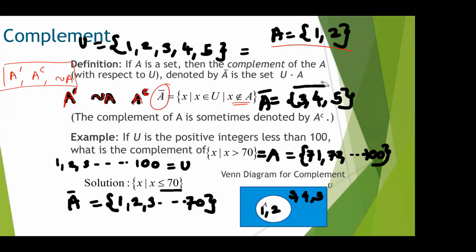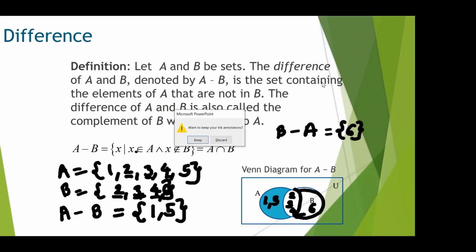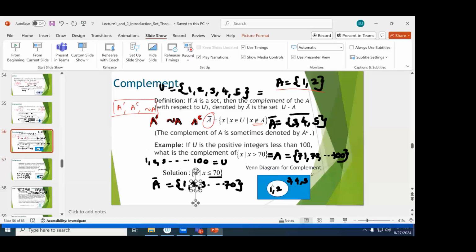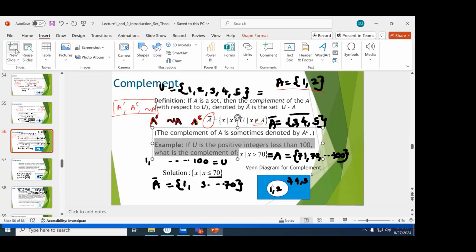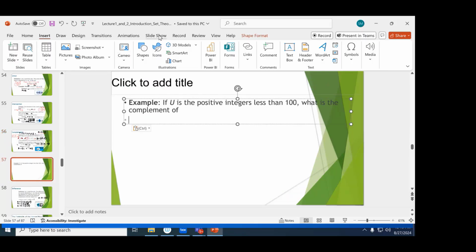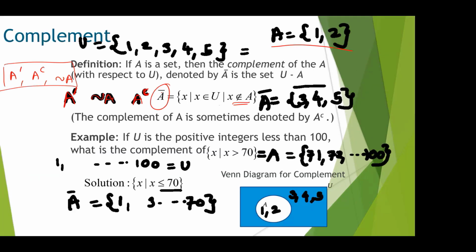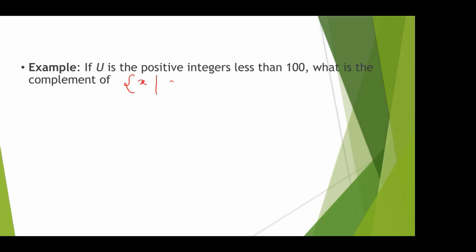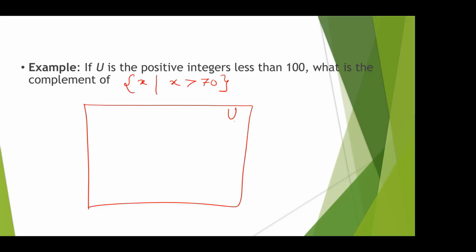Another example they have given is, if the universal set is positive integers less than 100, then our universal set will have all the elements starting from 1 and going all the way up to 99.